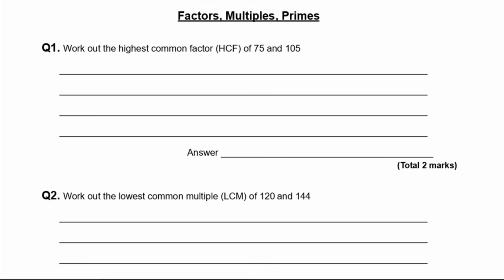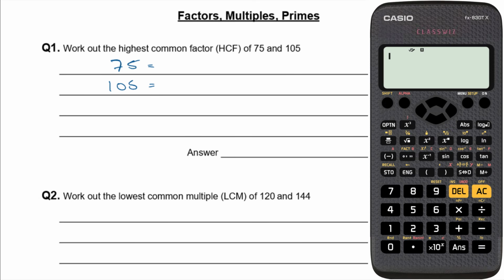So I can rewrite 75 as a product of its primes. Now again, if you've got the Casio calculator, there's a handy function on here for finding prime factors. So I'm going to just type in 75 equals and then press shift and then the fact key, and you see it writes it as 3 times 5 squared.